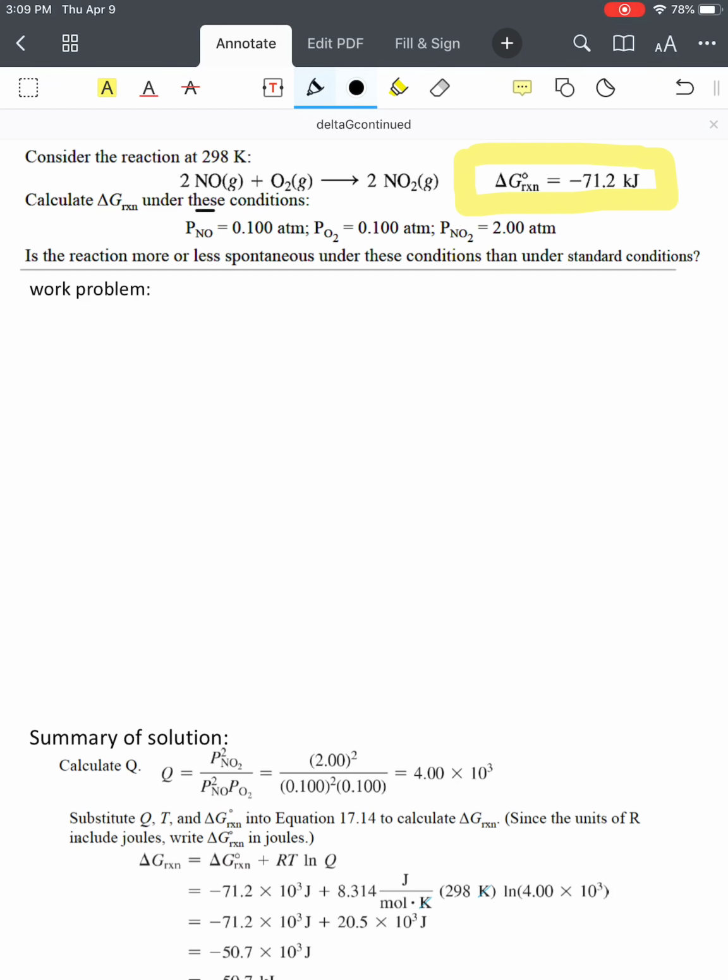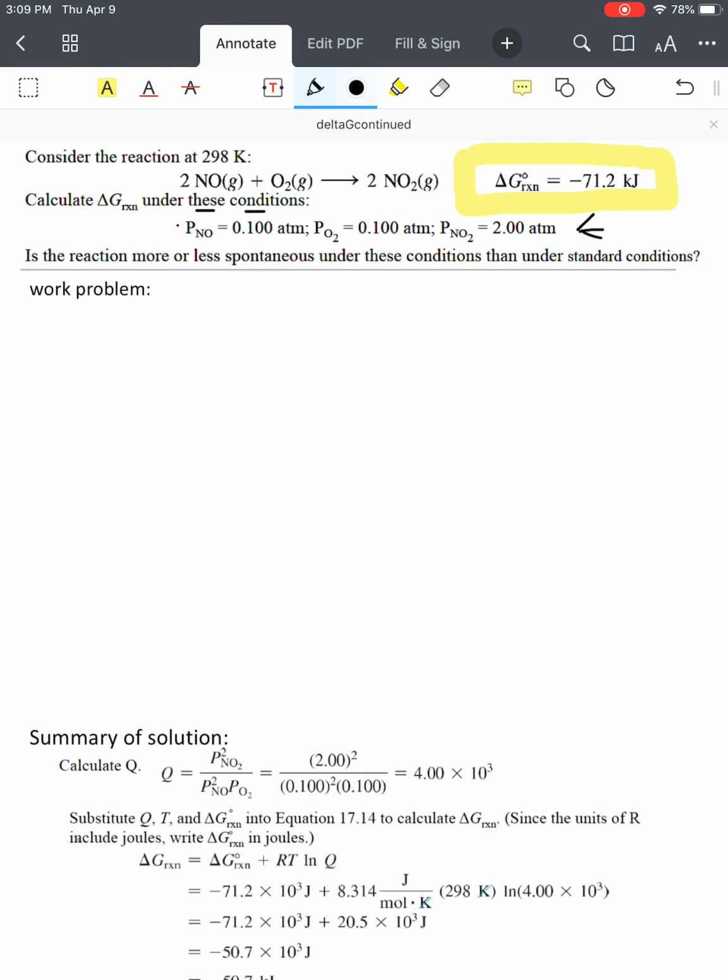Instead, we're told to compute delta G under a specific set of conditions, where the partial pressure of NO is 0.1 atmosphere, the partial pressure of oxygen is 0.1, and the partial pressure of NO2 is 2. So you have to ask yourself, are these partial pressures standard conditions or not? And they are not standard conditions.